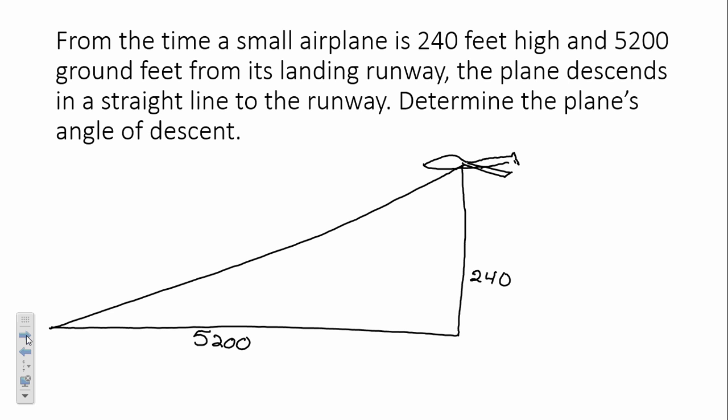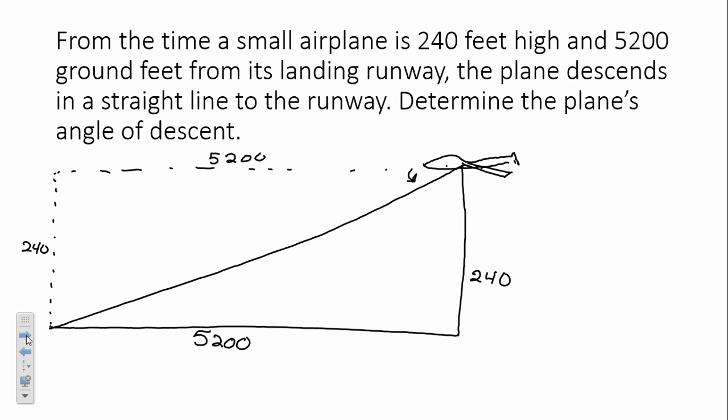Good. We've got an adjacent and an opposite, right? So we're going to use the tangent function here, okay? And we're trying to find out this angle of depression here, aren't we? So we can invert this triangle to be 240 here, right? So we have an opposite and an adjacent.